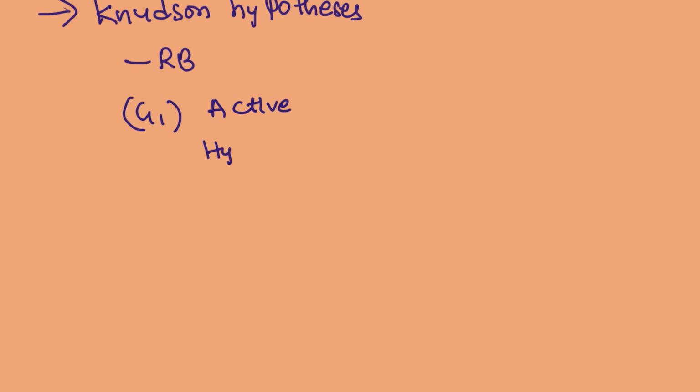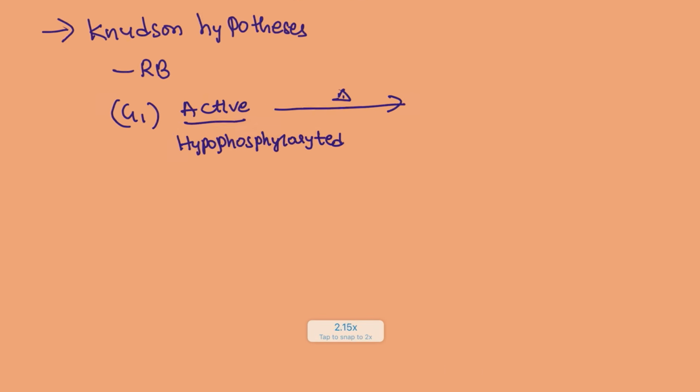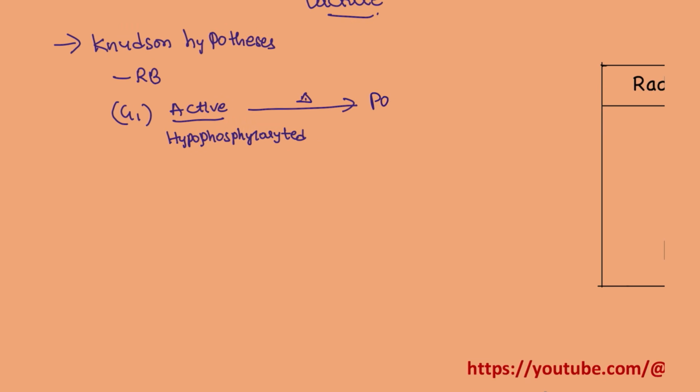How is it active? It is hypophosphorylated. So it is in the active stage. If there is a mutation, what happens? This active form is going to be inactivated by adding phosphorus. If you add the phosphorus, it becomes hyperphosphorylated. So the cell will be inactive, and there is a high chance of cancer cells coming. So this is also one of the factors.